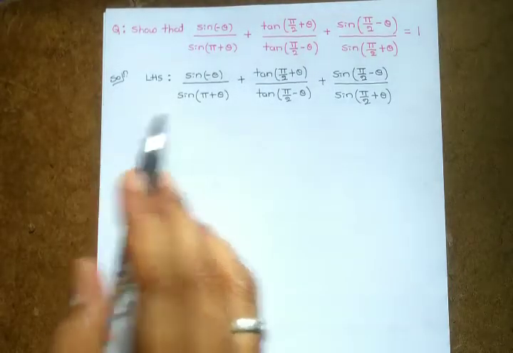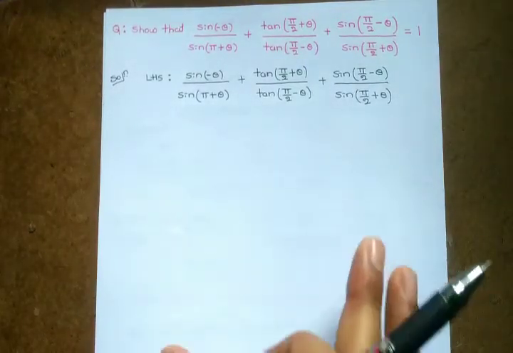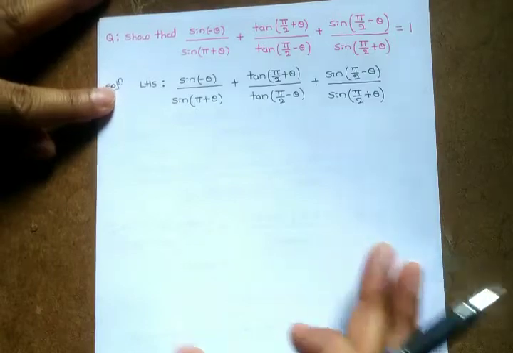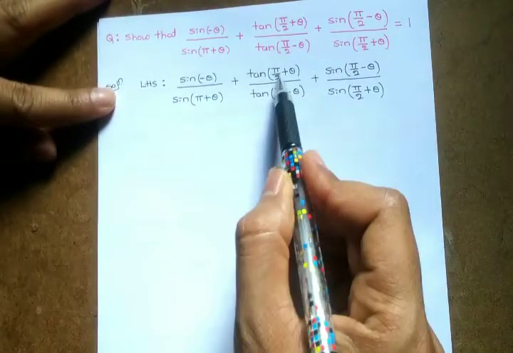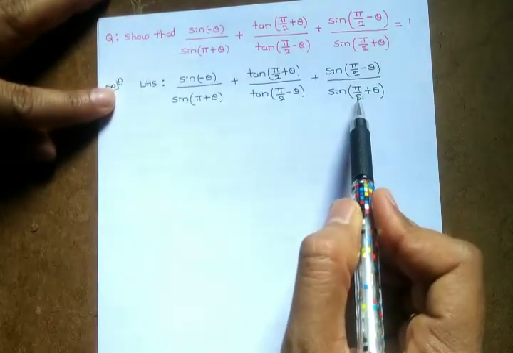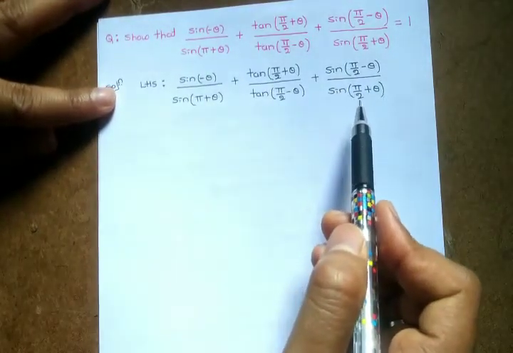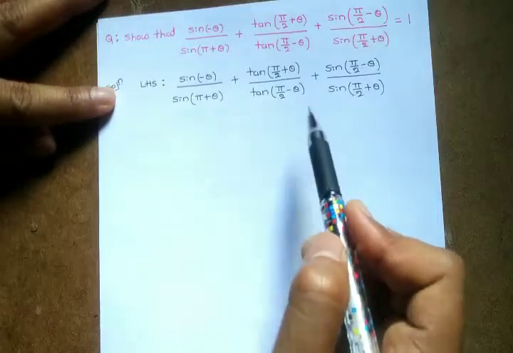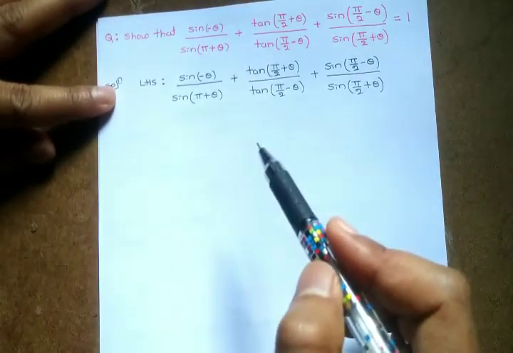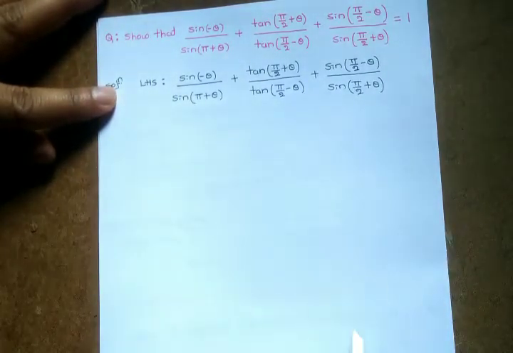So left hand side. Now here you can observe, here angle is given in radian. So first step, this radian we are going to convert in degree. After converting to degree, that degree value will be converted into the standard form.